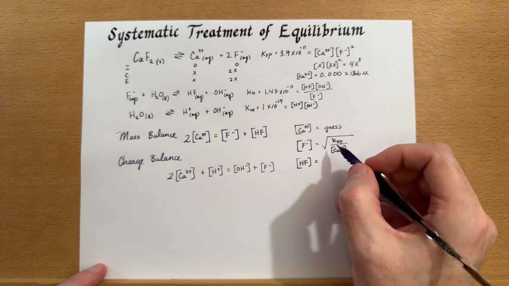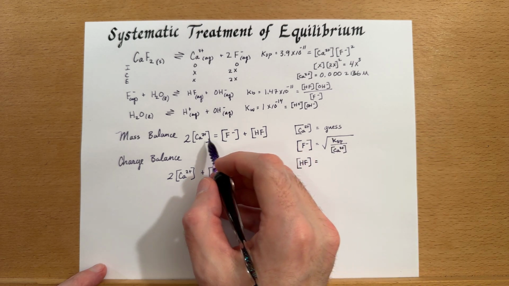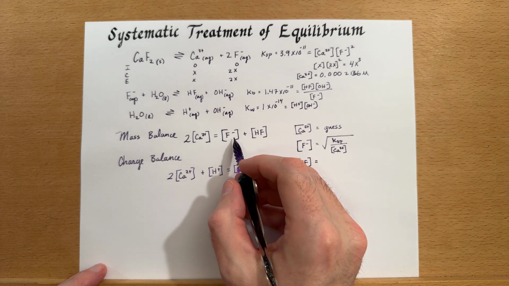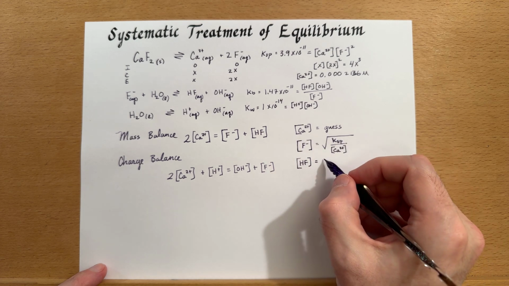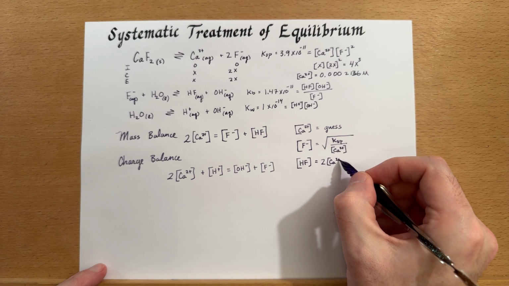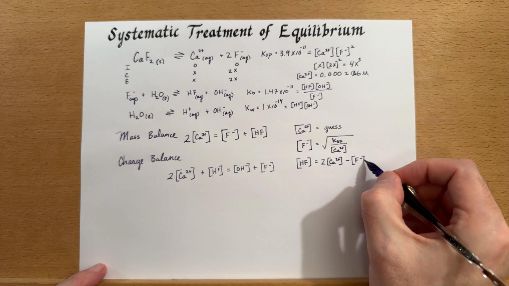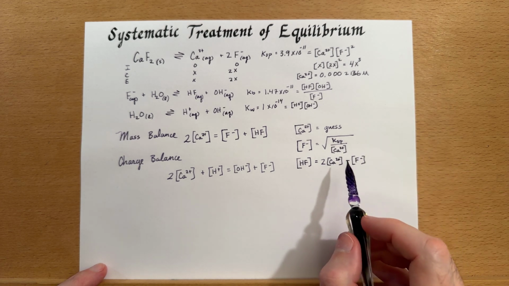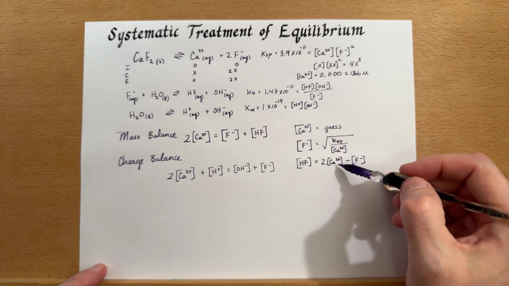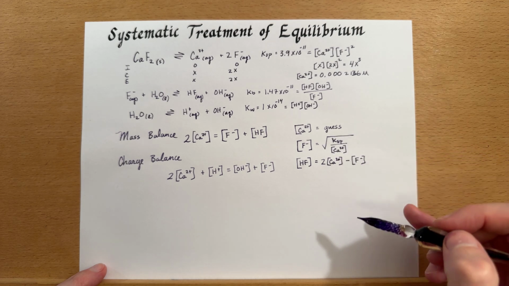Then we can calculate the HF concentration based off of the mass balance equation. So I'm just going to solve the mass balance equation for HF. Now in this, I can just take this cell, whatever number's in here, put it in there, and I can reference this whole piece and put it in there.